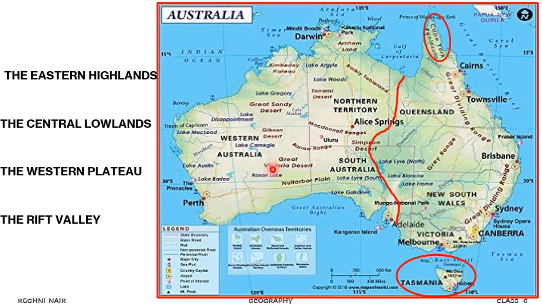And between the Eastern Highlands and the western half of Australia, we have this region, which is, as I told, sandwiched in between the Eastern Highlands and the Western Plateau. We name it the Central Lowlands. Let me show you. This is the Eastern Highlands.